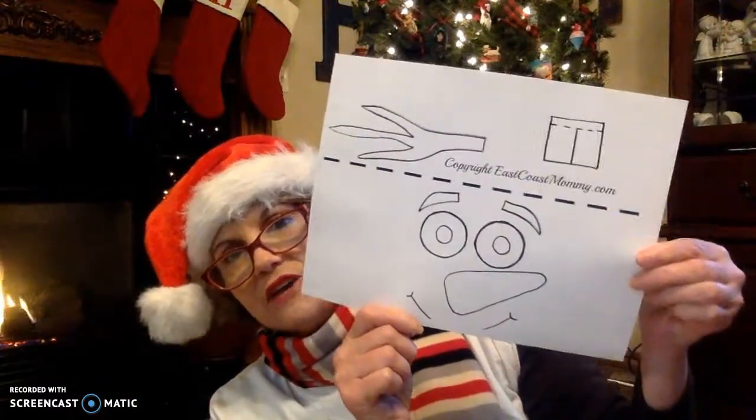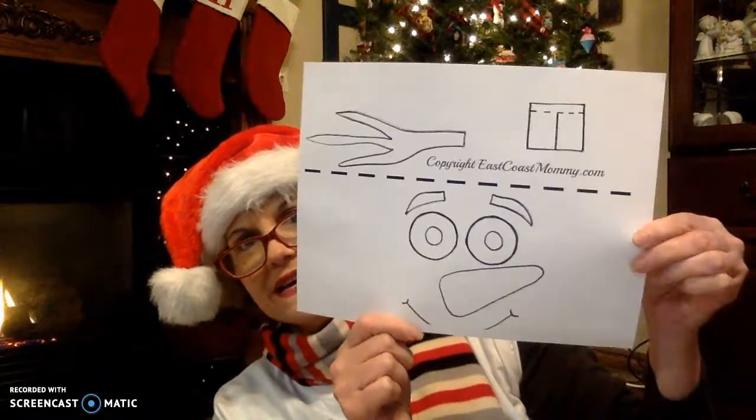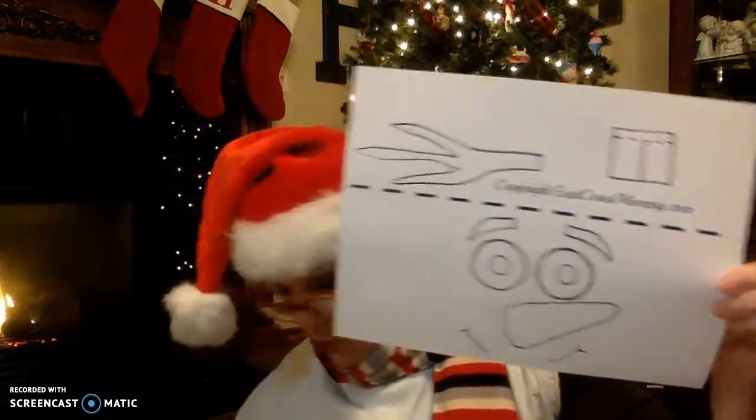Okay, Mrs. Hensley's friends, we are going to get started on our Frosty the Snowman. It's kind of Olaf, I think, but it's a snowman, right? Whether it's Olaf or Frosty or whatever. Okay, you are going to need this out of your new packet. You are going to need scissors.